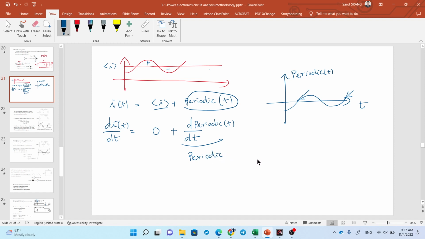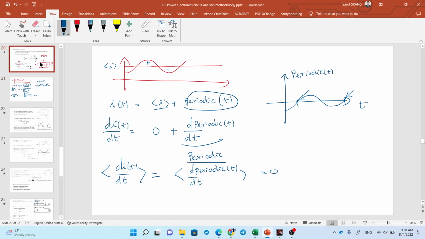And the most important fact is that this periodic function also has 0 average value. That's why, when we apply the average value to this term and take the average value of this periodic function, it must be 0, because when we apply average value, it means we take the integral over a period, right?